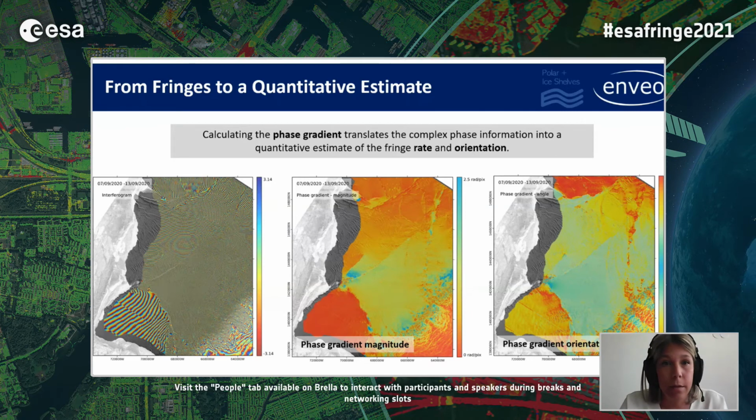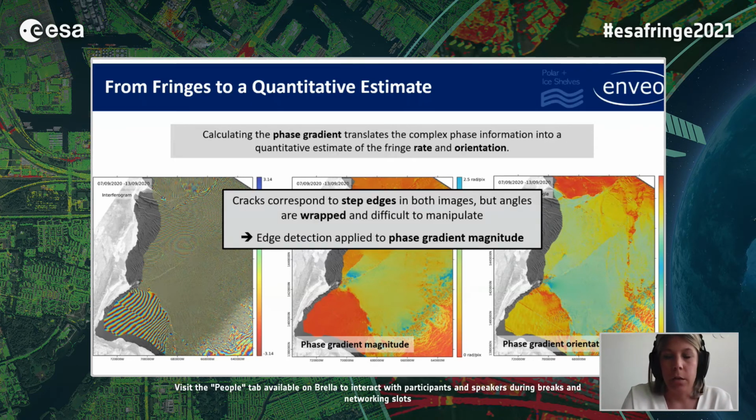Once you have done that, you can simply apply an edge detection procedure on the image. But you don't want to deal with the angles because they are wrapped and not so easy to manipulate, so we just focus on the magnitude, because you mostly have the same information in both. We just apply edge detection on this image. That's really the key step of the processing.